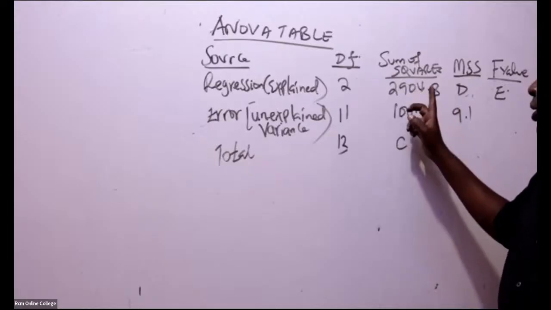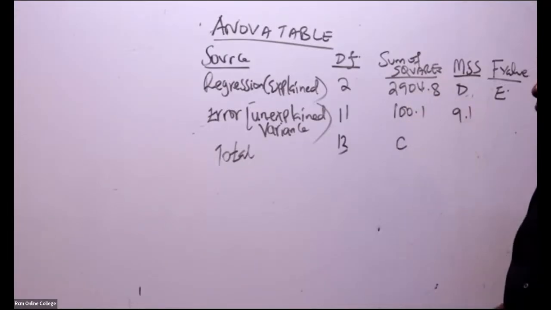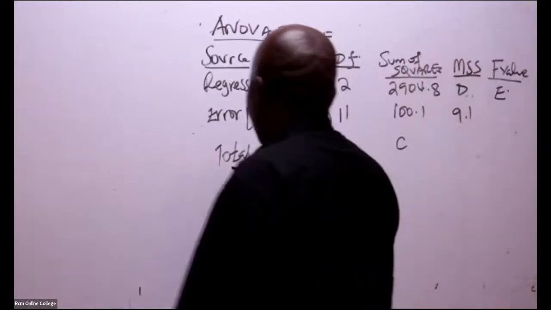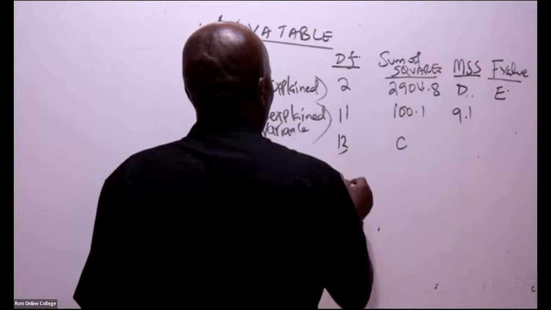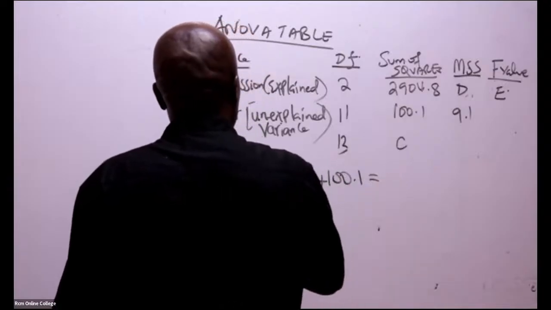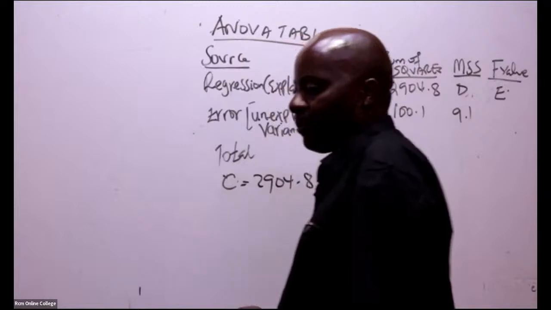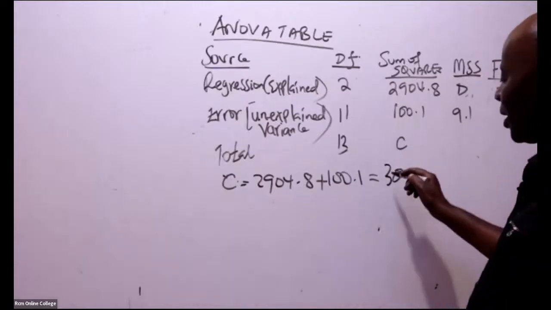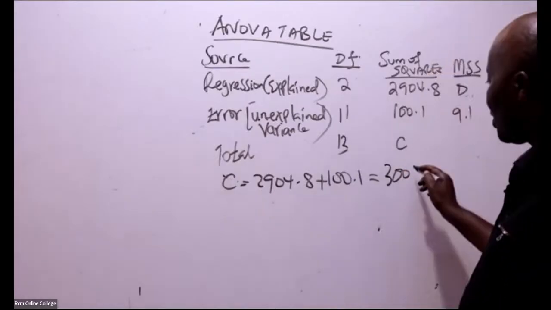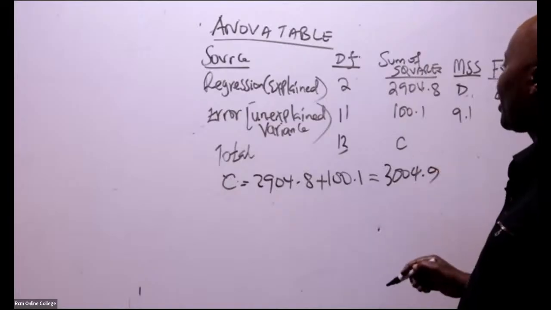So 2904.8 plus 100.1. I'm waiting to get a number from you. So this is 3005.9, like that. Thank you so much.